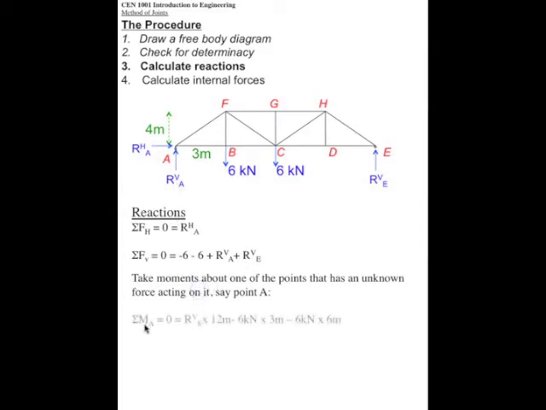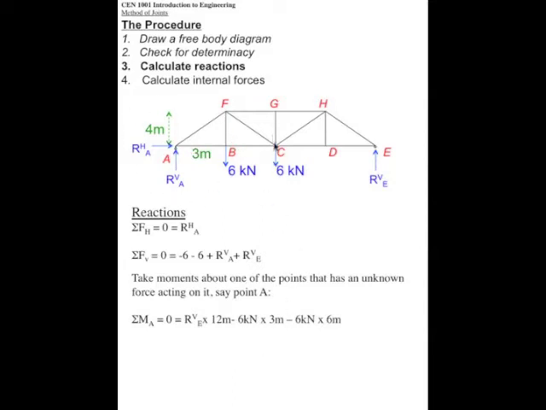So summation of moments about point A is equal to the reaction force at E times the distance away, which is 12 meters, and it's a counterclockwise moment, so therefore it's positive. We have a 6 kilonewton force times 3 meters away. It's clockwise, so it's negative.